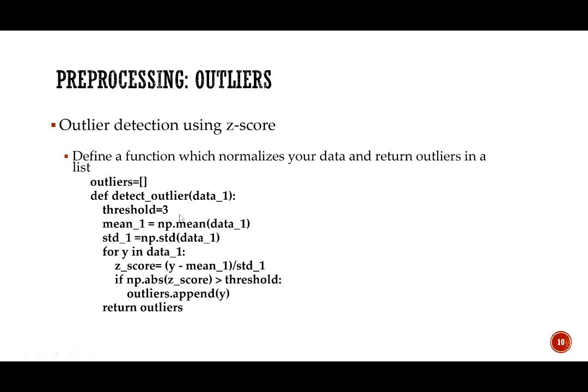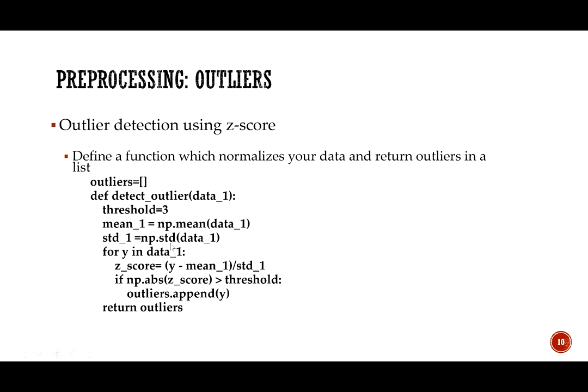So if it's more than plus minus 3 standard deviations, then we want to treat them as outliers. So to do that, first we need to standardize data. So first we calculate the average of our data points. So here you can see we use numpy.mean, and then we pass the data as the input. Then we store it in variable mean_1, and you can define any other variable that we want.